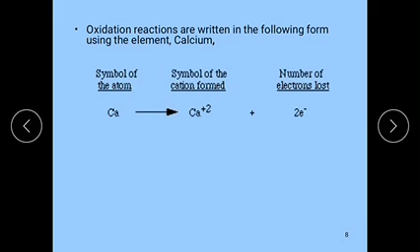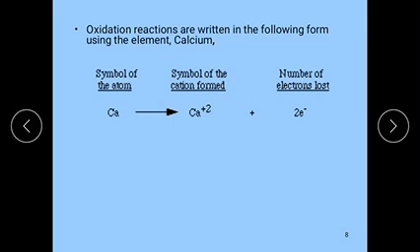The oxidation reactions are written in the following form using the element calcium. Whenever calcium loses two electrons, it converts to calcium plus 2, a cation. In the elemental state, the oxidation state of calcium is 0, but in the calcium plus 2 ionic state, the charge is equal to its oxidation number.